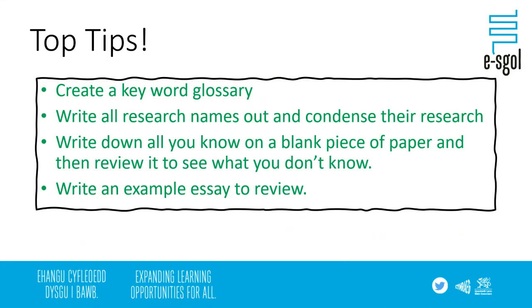Now, some top tips on the screen about how I would go about revising this, creating that keyword glossary, so having things like clozapine, chlorpromazine, fluphenazine, things like tremor, Parkinson's disease. They're all key terms that are really going to make sure you get that terminology in your answer, which gets you up that top mark band.